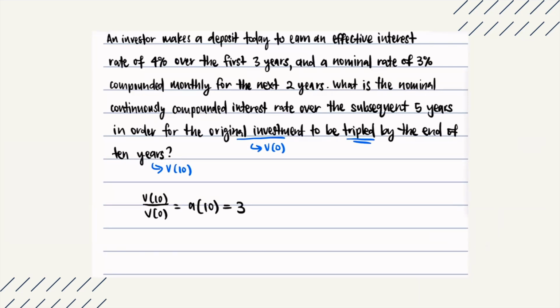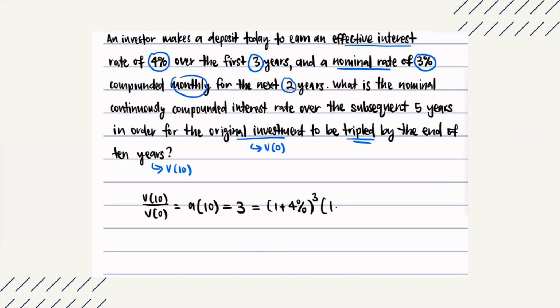We know that the deposit earns an effective interest rate of 4% for the first 3 years. For this, the accumulation function would be 1 plus the effective interest rate to the power of the number of years. Next, it earns a nominal rate of 3% compounded monthly for the next 2 years.